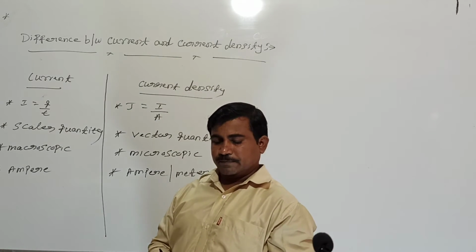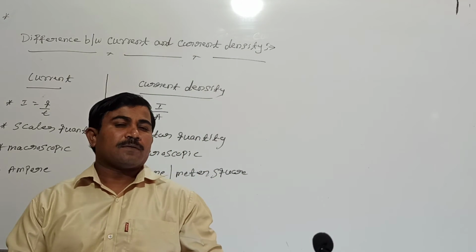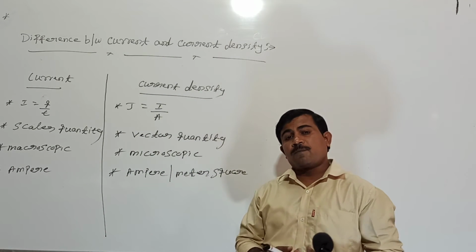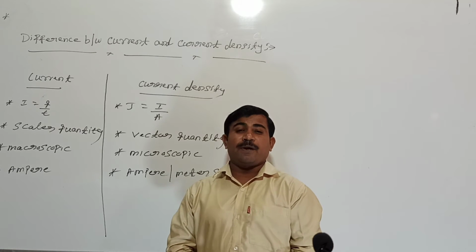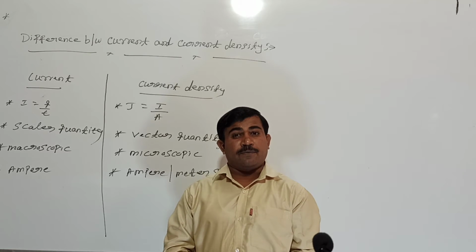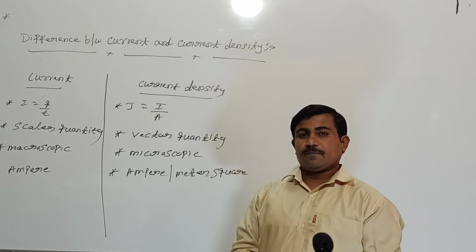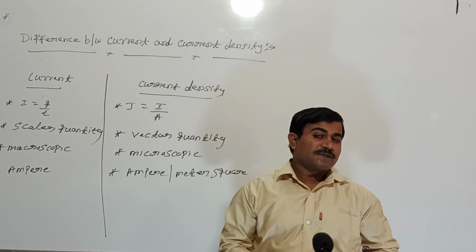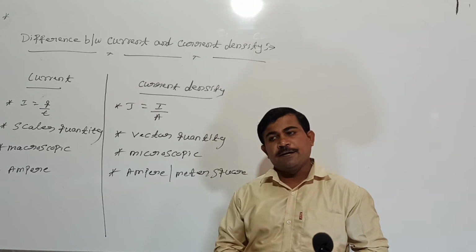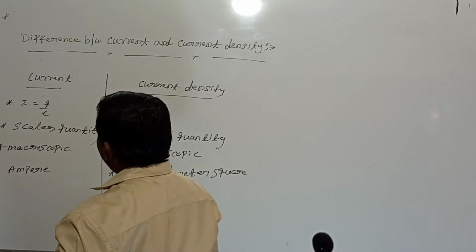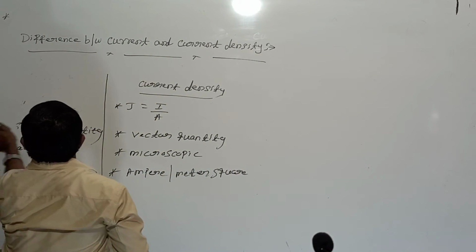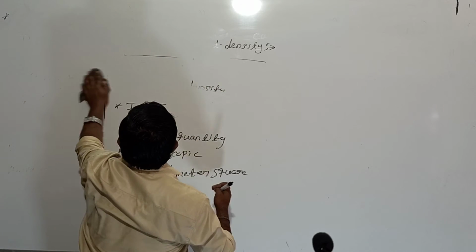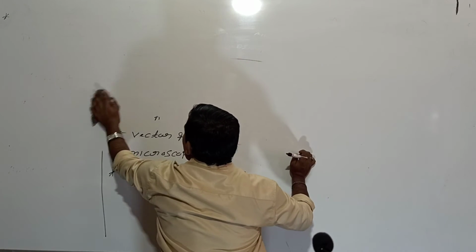After this, students, we should know the microscopic form of Ohm's law. The microscopic form of Ohm's law means the relation between current density, conductivity and electric field. That we will see.